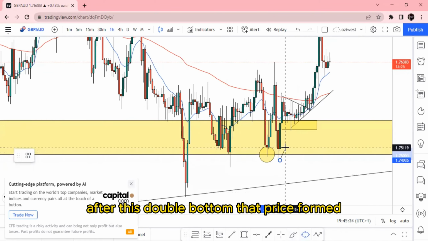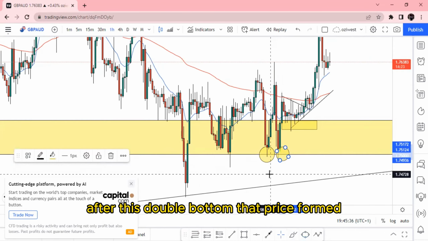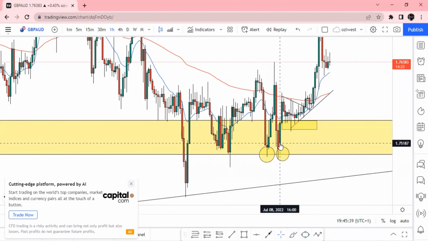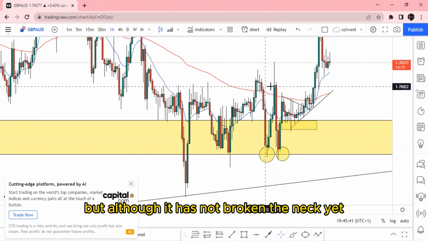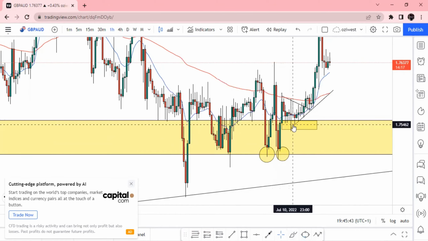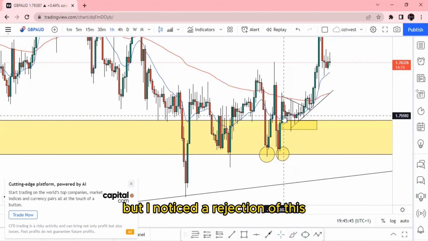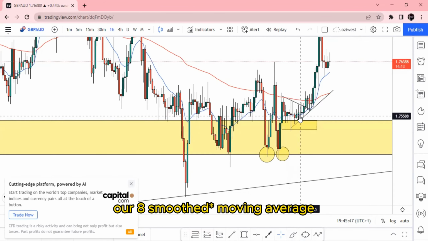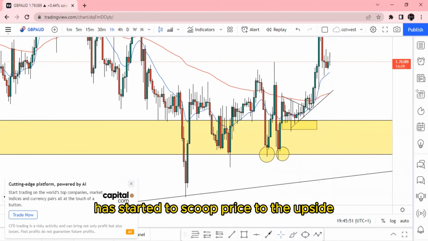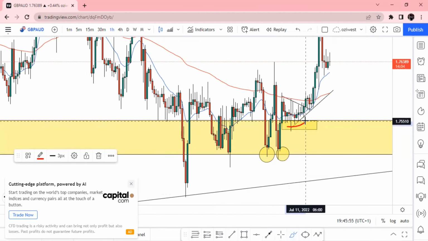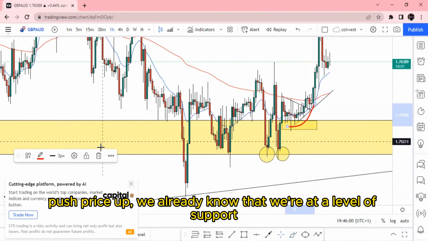Although it has not broken the neck yet, I noticed a rejection of our 8 smoothed moving average. The 8 smoothed moving average has started to scoop price to the upside. As you can see, that started to push price up.